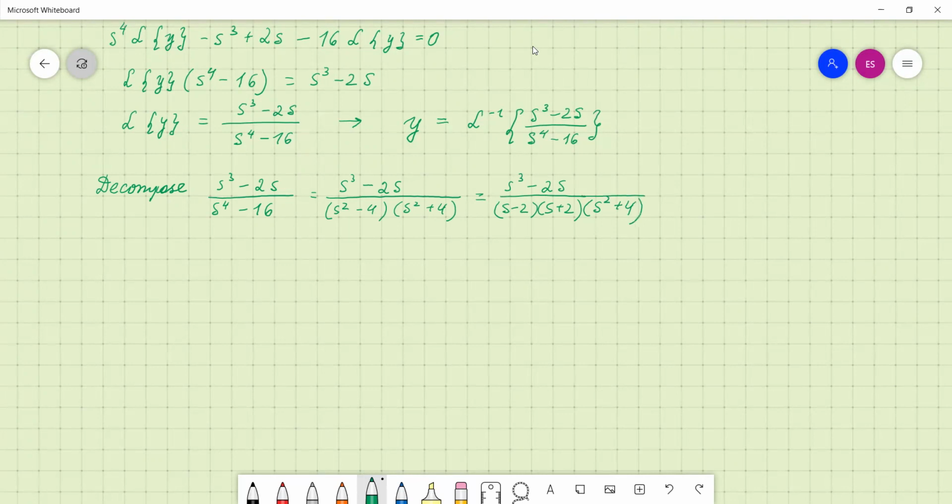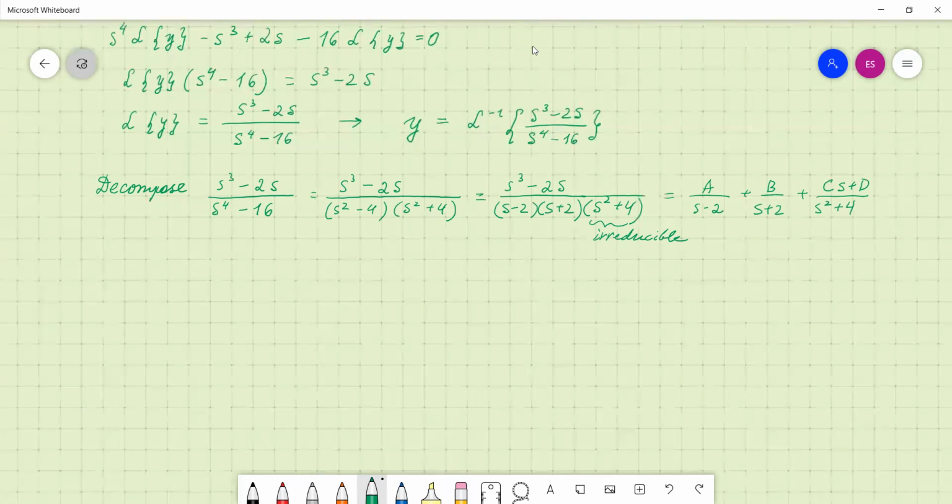Generally speaking, this one is irreducible. We cannot decompose it any further. And we are going to have two simple factors and one irreducible, which are going to produce three fractions: A over s minus 2 plus B over s plus 2. And because this one is second order, we are going to have Cs plus D over s squared plus 4.